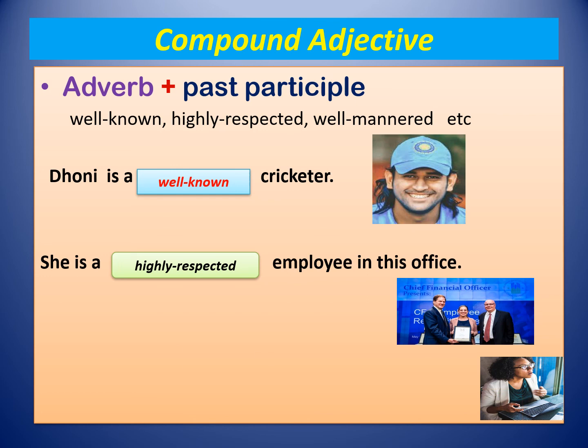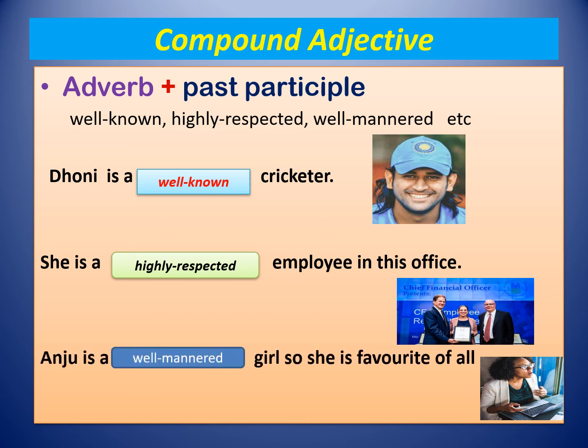Next one. Anju is a well-mannered girl, so she is favorite of all. So in this sentence, well-mannered is a compound adjective. This compound adjective is modifying the noun girl.